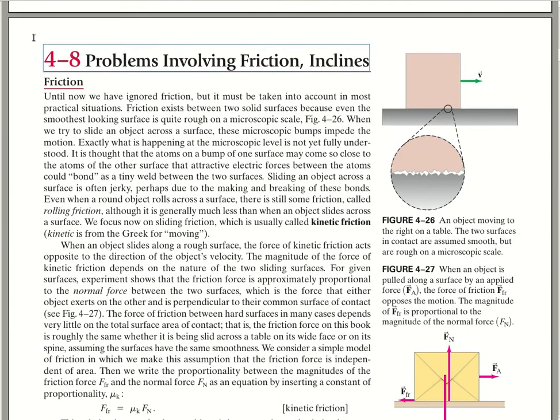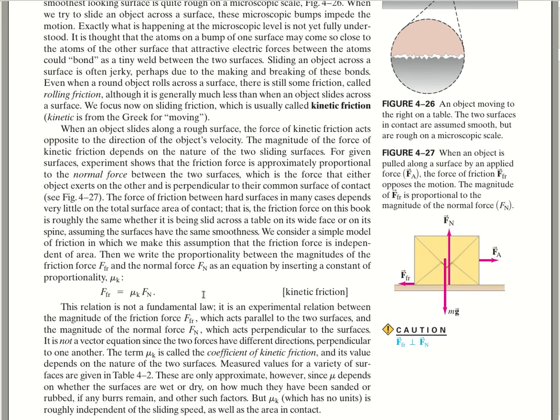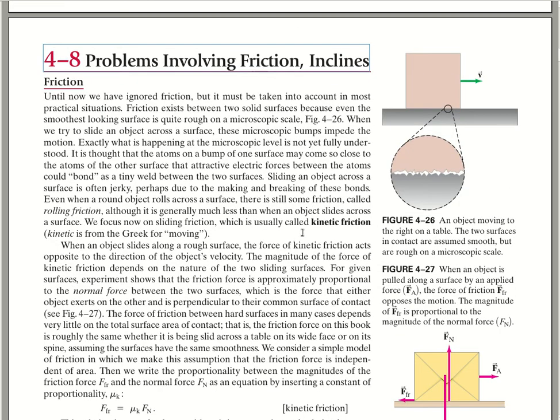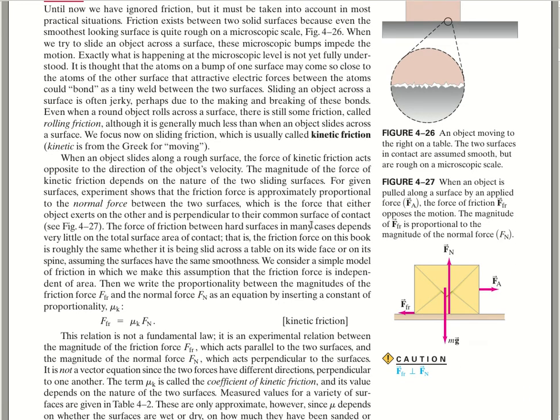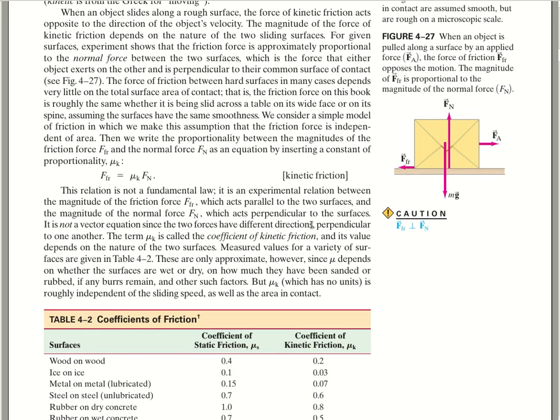Another important force we have is friction, which is always against the movement. So if you have velocity or acceleration, anything that intends to move, you have friction, of which there are two kinds: kinetic friction and static friction.